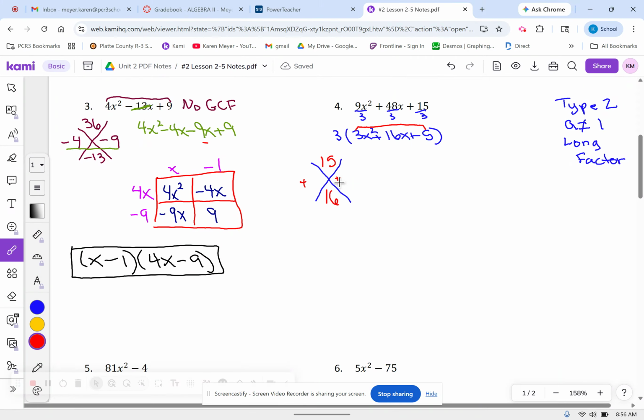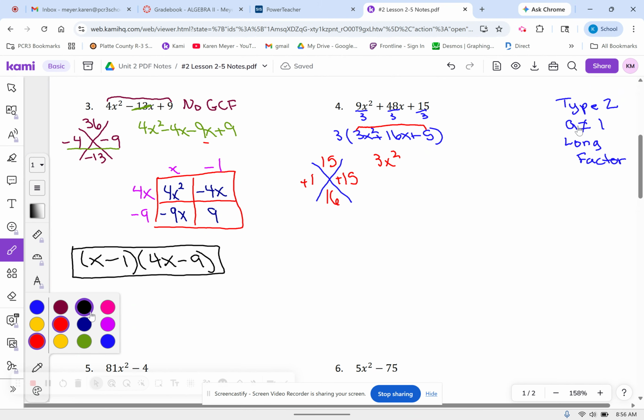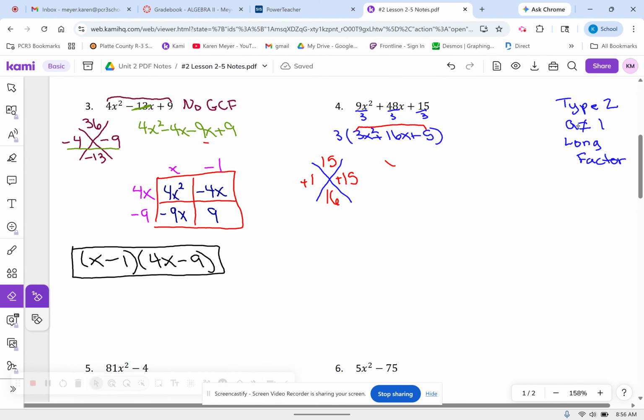So what multiplies for 15 that adds for 16? And that would be 1 and 15. Okay, so now we're going to go from 3 terms to 4 terms. So 3x squared. Let's change colors. Hold on, sorry.